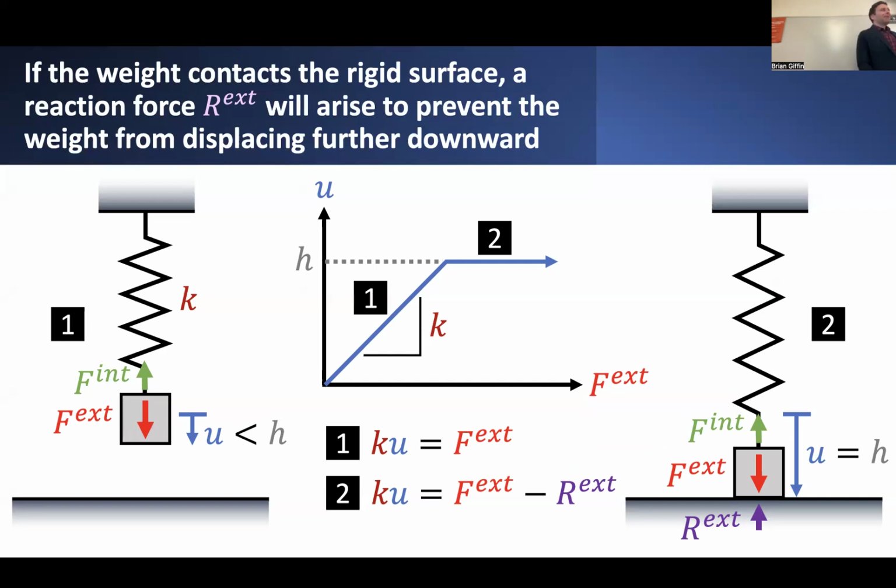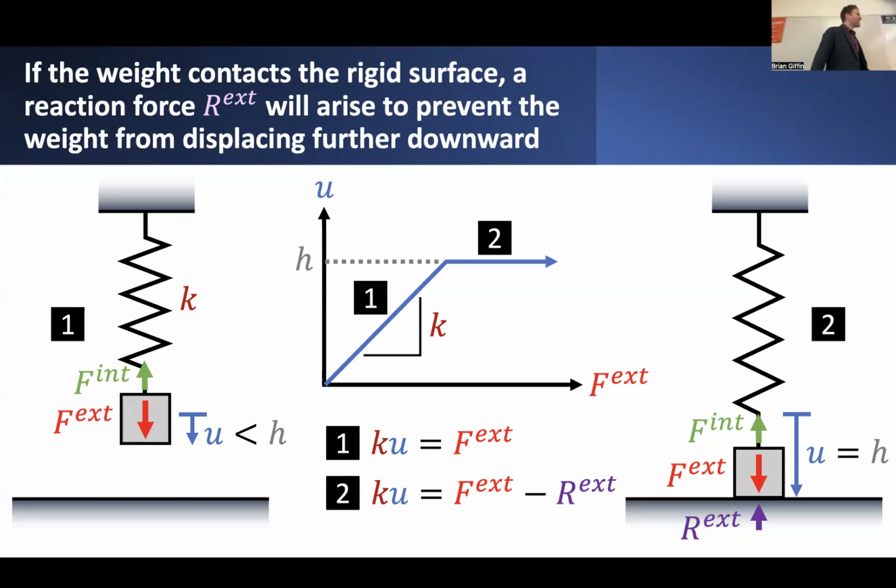But there will also be an additional force that arises due to contact between the block and this rigid surface. And this additional force, I'll call R external, is effectively an additional unknown. It's a new variable that we have to solve for such that we satisfy equilibrium, but where our equilibrium equations now have to be modified to include this additional reaction force or a contact force.